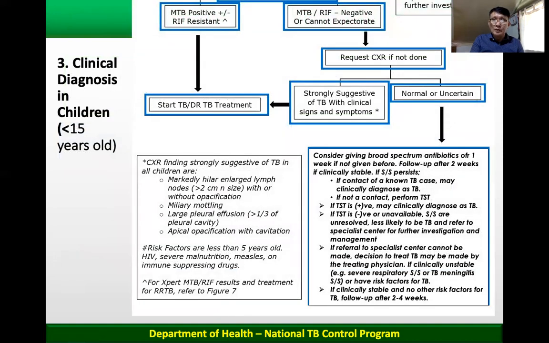So going back to our algorithm, if the chest X-ray of the child is not suggestive of TB, but normal or uncertain, what are we going to do? You have to consider giving broad spectrum antibiotics for 1 week, if not given before. Then you follow up after 2 weeks.